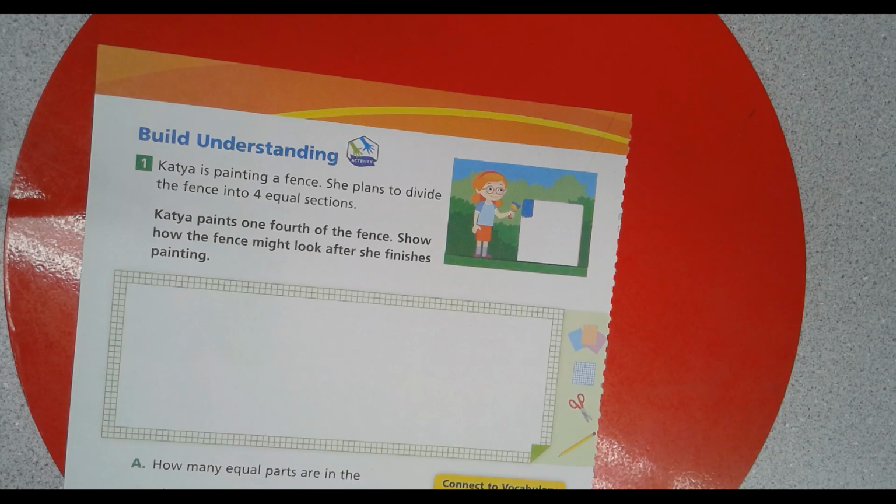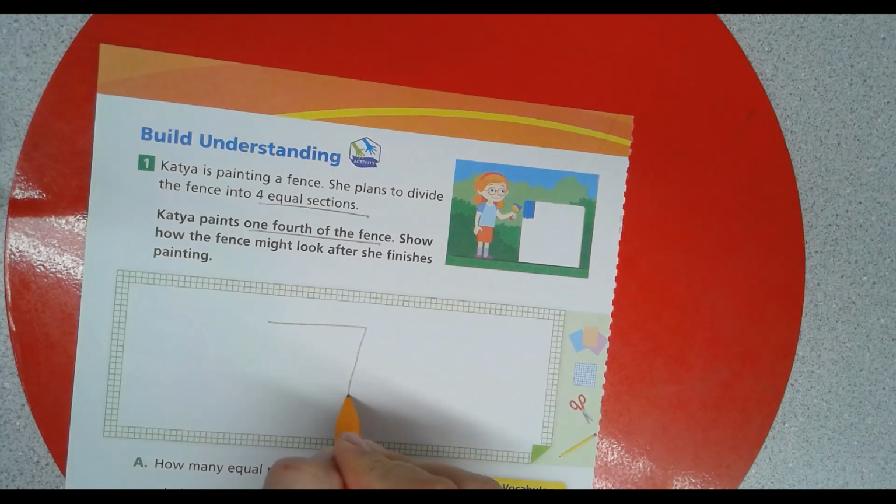So this little girl is painting a fence. She plans to divide the fence into 4 equal sections. So she paints 1/4 of the fence to show how the fence might look after she finishes painting.